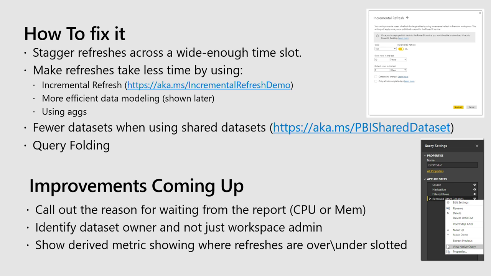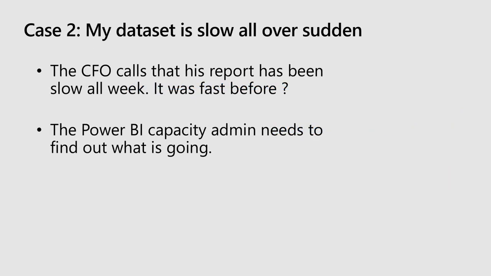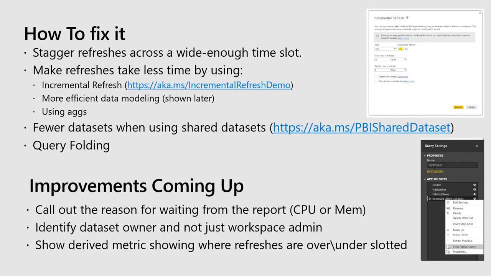That would give you the ability to identify where you are over budgeted in terms of your refreshes in timelines and where you're under budgeted. So you will also know when to recommend users move the refreshes to, because that time slot was less utilized. Any questions about refresh optimization?